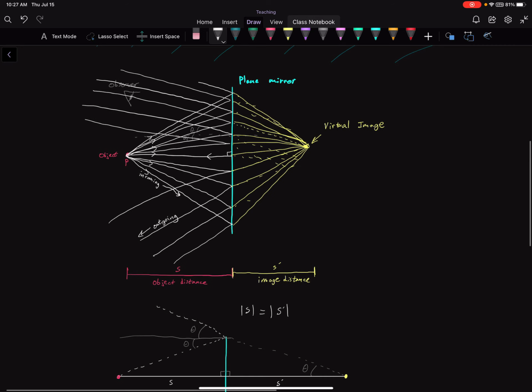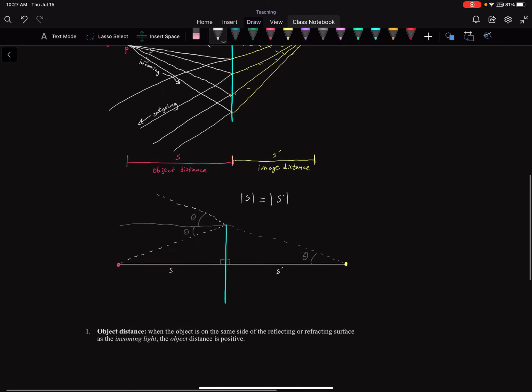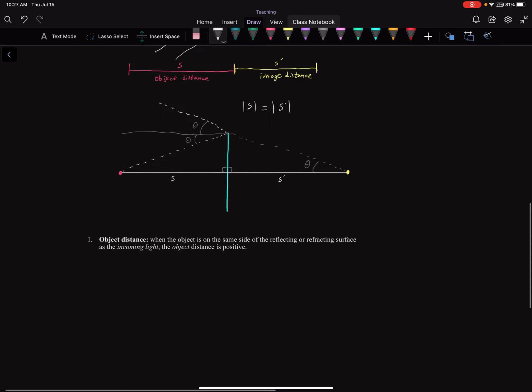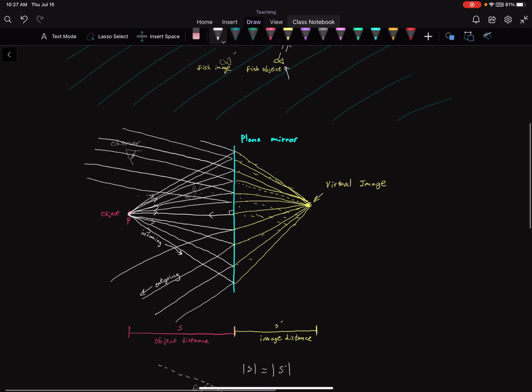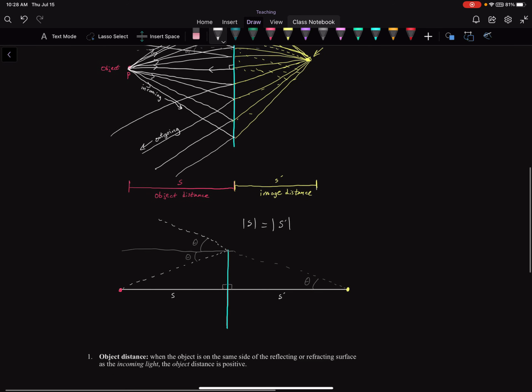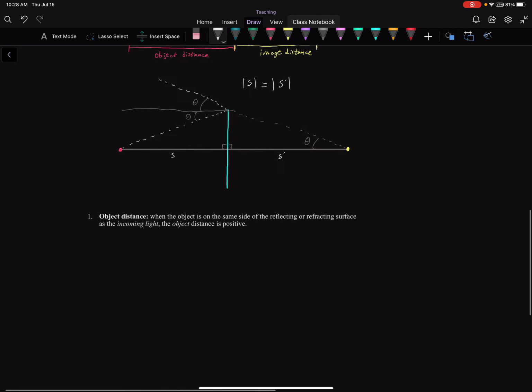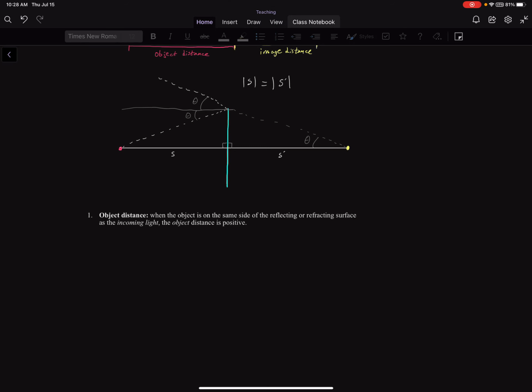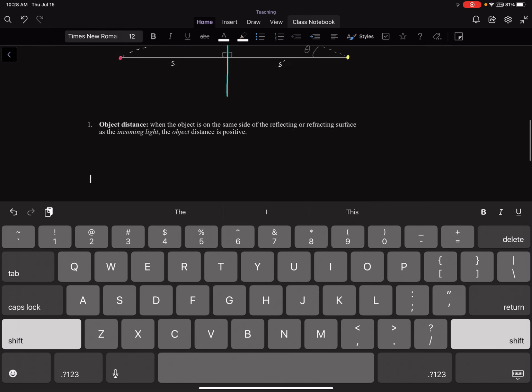That's what incoming and outgoing refer to. And so that's most often the case. And you might actually begin to ponder, in what world would the object distance be negative? Go ahead and hold that thought, because we're going to go over a scenario before this chapter is over where that's the case.